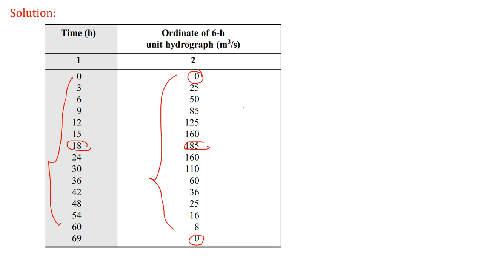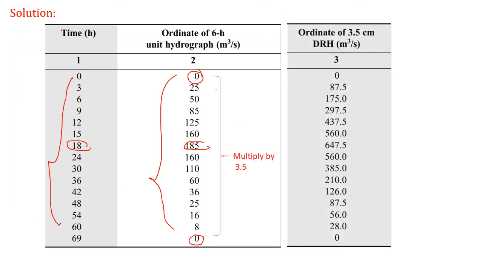Okay, so since this is the unit hydrograph, multiply mo lang siya sa excess rainfall na depth, that is 3.5. So, multiply by 3.5, then you'll get now the value of the DRH.